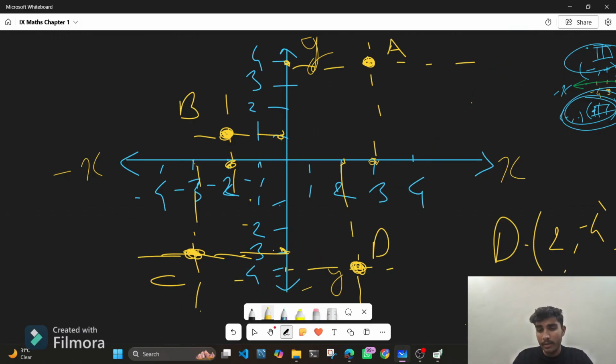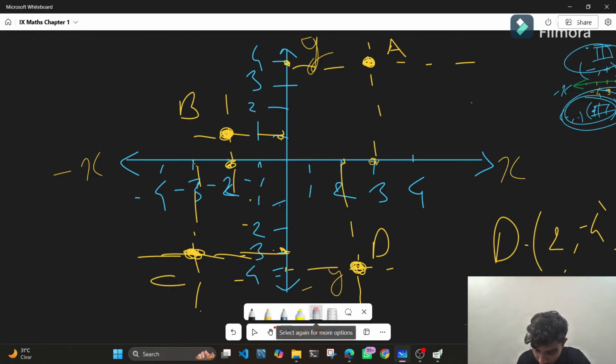Okay. Also for your reference, I'll also show how when one coordinate is zero and other is non-zero, वो कैसे plot करते हैं?